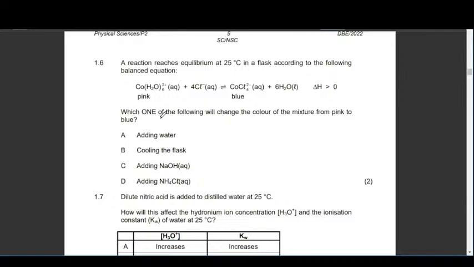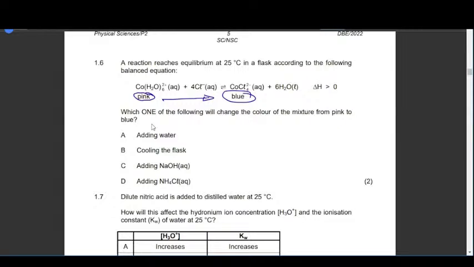They're saying that which one of the following will change the color of the mixture from pink to blue? So if it is in equilibrium, and then now you have pink, then you have blue. For this reaction to change from pink to blue, what must be done? It means that something must be added here. Something must be added here, or something must be removed here.